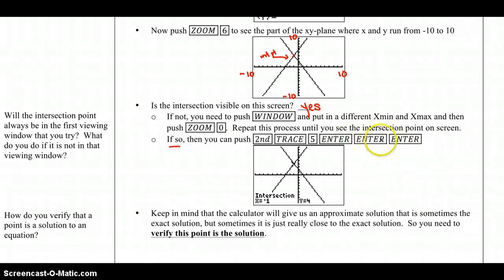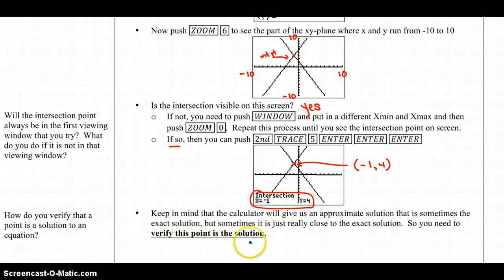So you can just hit enter, enter, enter to get by all 3 of those questions. And after doing so, you should see on the bottom of your screen where it says intersection, x equals negative 1, y equals 4. So this point's coordinates are negative 1, 4. Again, keep in mind that the calculator will give us an approximate solution that is sometimes the exact solution, but sometimes it's just really close to what the real solution is.